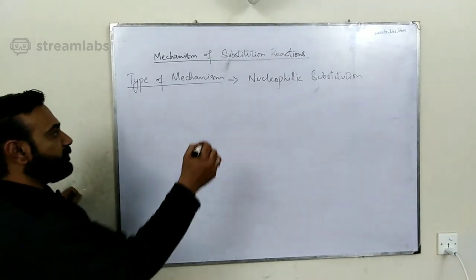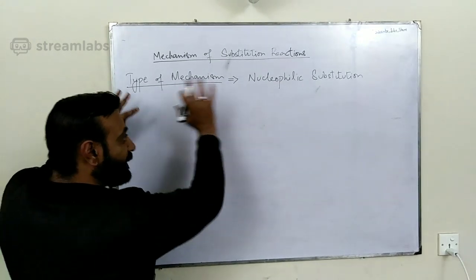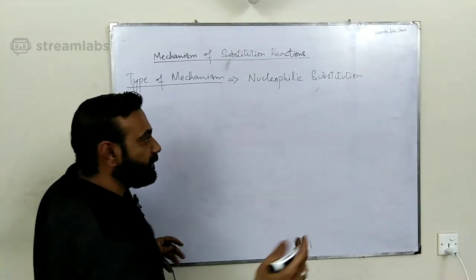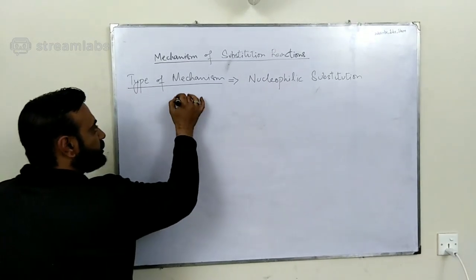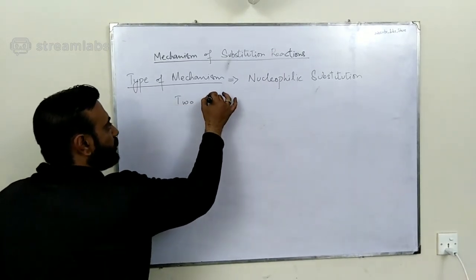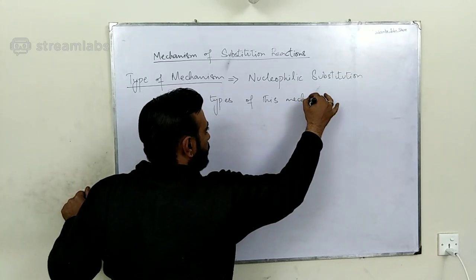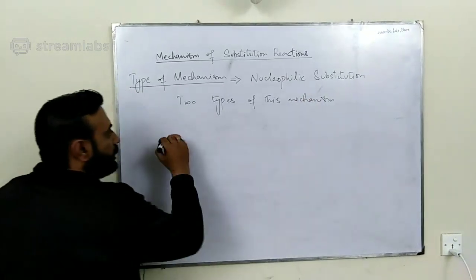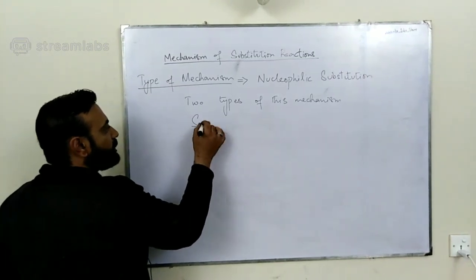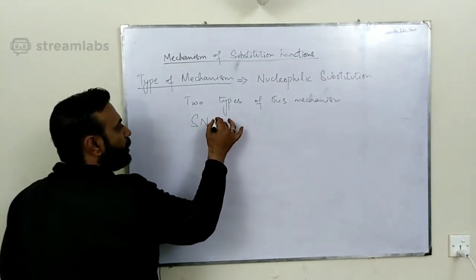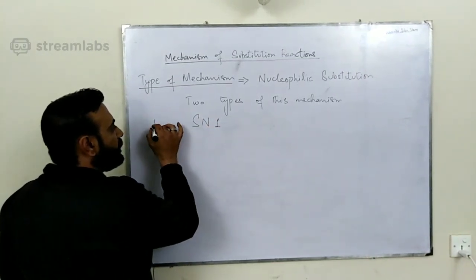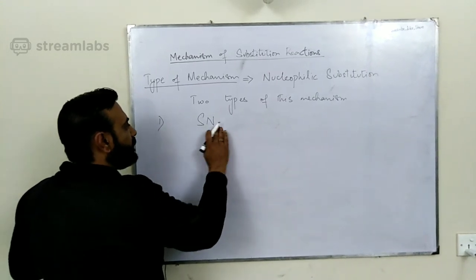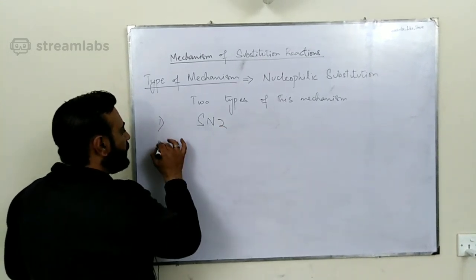So this is nucleophilic substitution. This type of mechanism is further divided into two types. One is called Sn1 and the other one is called Sn2.